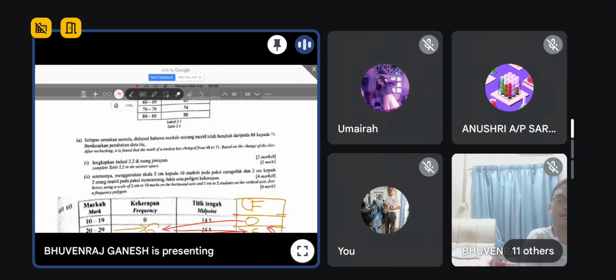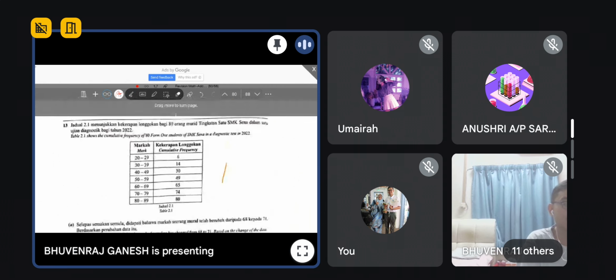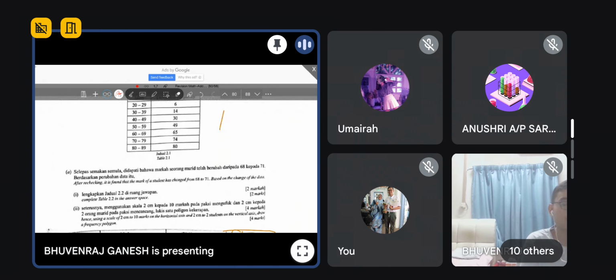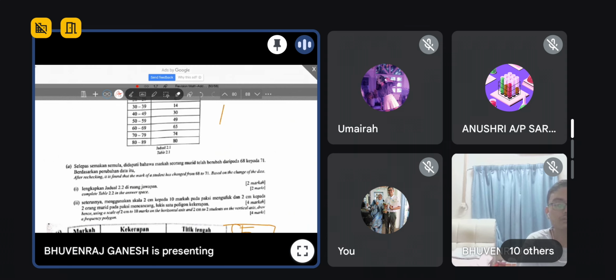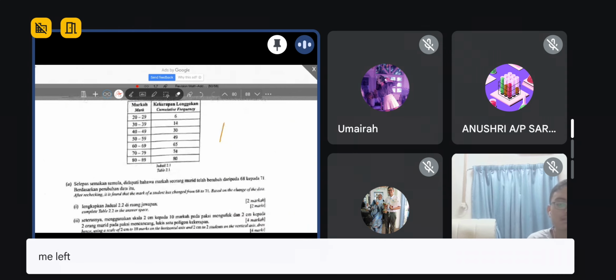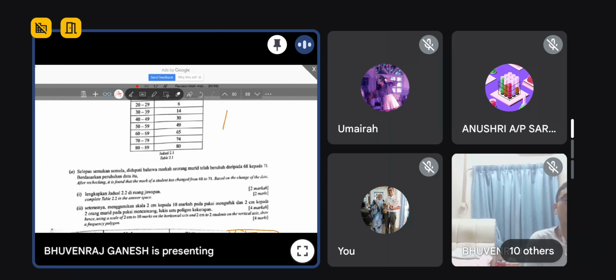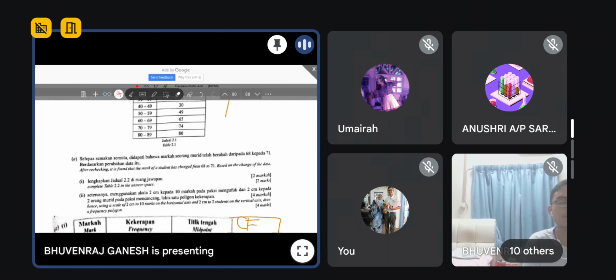Okay, they ask you to draw the graph. Okay guys, so for this graph, you're going to draw a frequency polygon. Okay, polygon frequency. Have you all heard of this? In this chapter, you all will learn this graph. Frequency polygon.